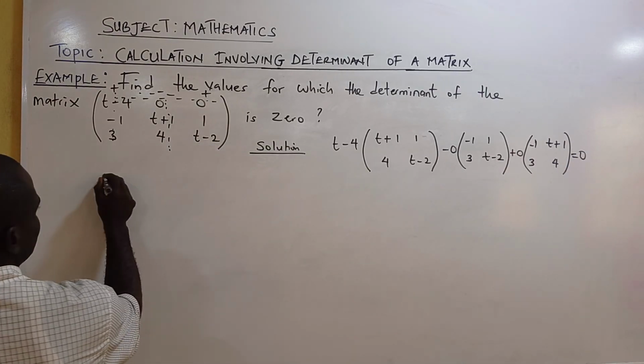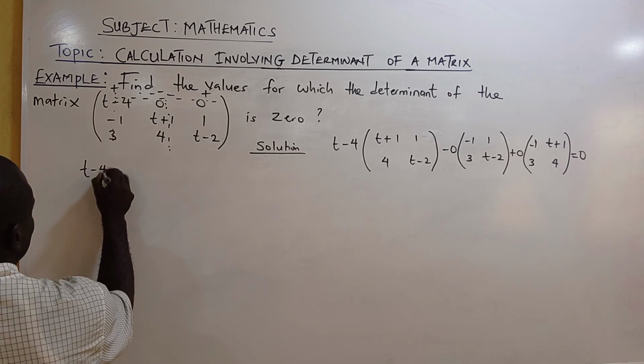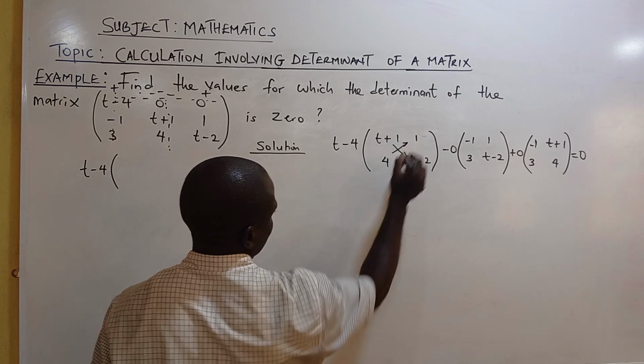You now have t minus 4, open bracket. You multiply this first and cross it by this.